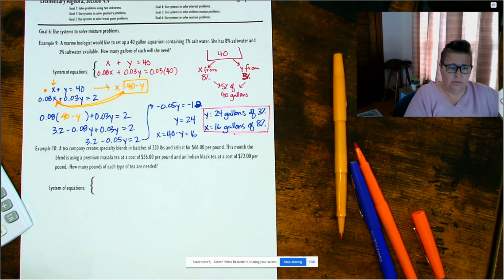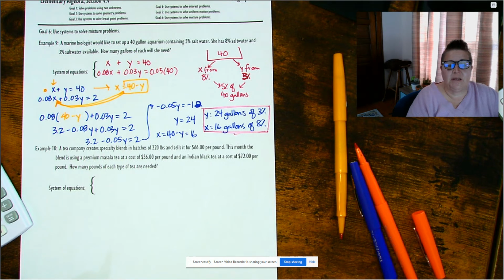A tea company creates a specialty blend in batches of 220 pounds and sells it for $66 per pound. You can tell I'm tired. This month, the blend is using a premium masala tea at a cost of $56 per pound and an Indian black tea at a cost of $72 per pound.